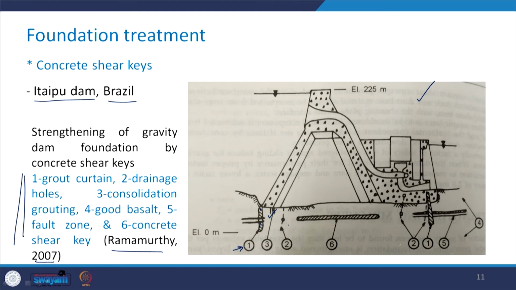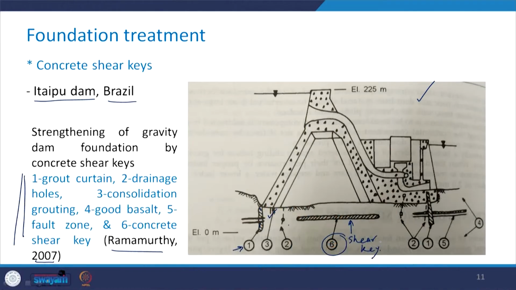Then this 6th portion is showing you the shear key. What this does is that it increases the factor of safety in sliding. So this is one way that the foundation for the dam can be treated.